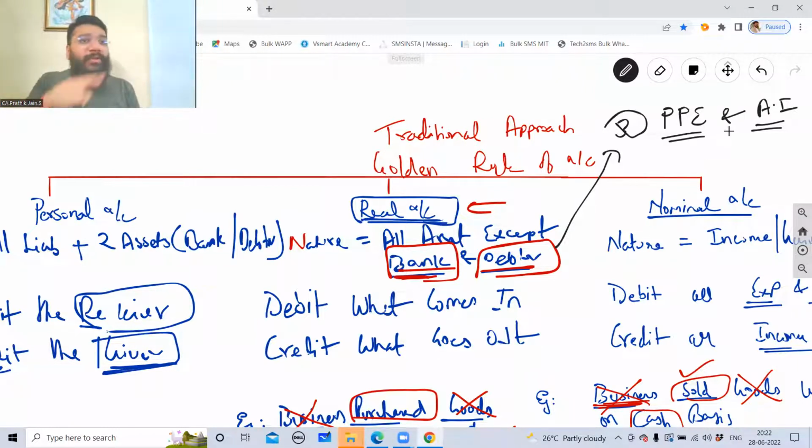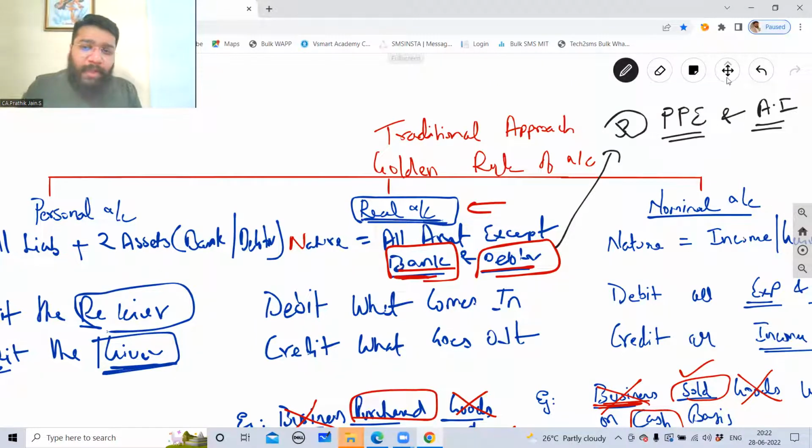Only if you follow the revision cycle will you be able to remember. For revision you have to make notes, which you have not made. So everything will go away from your mind. After 2 weeks, when you have to apply this, everything will be blank. You will think, should I do this or that, and everything will go blank.